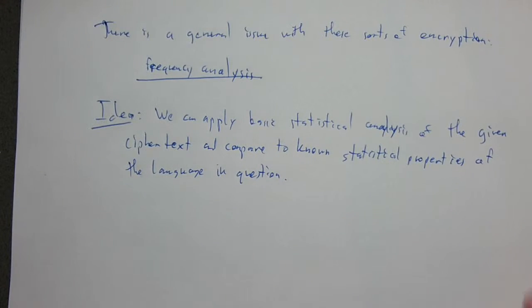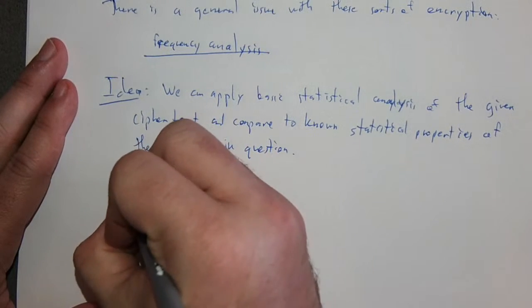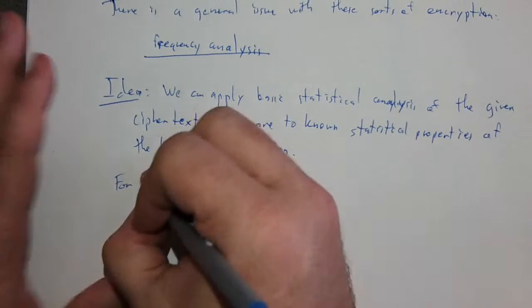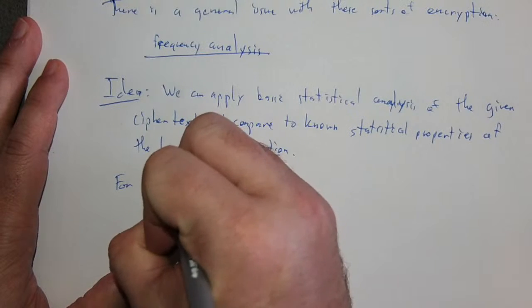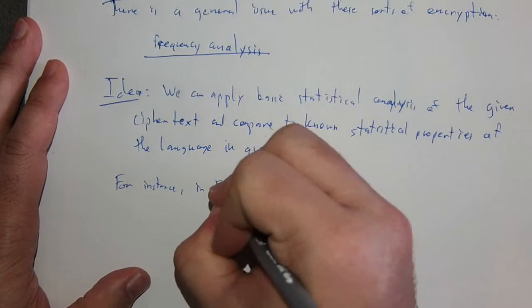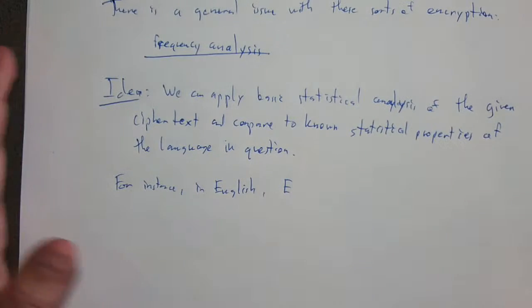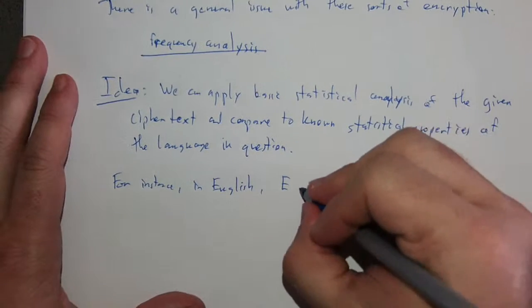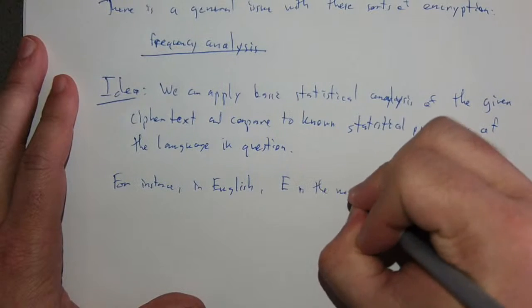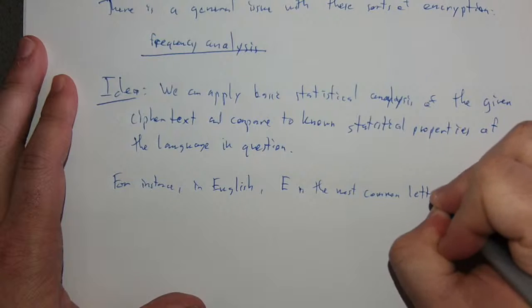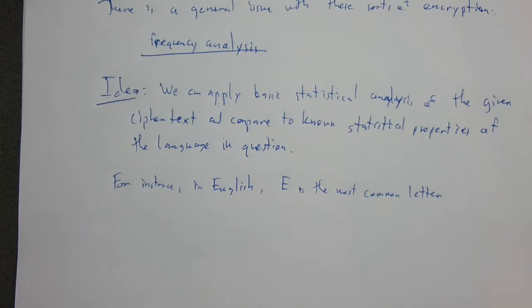This same idea will work in any language, but for instance, in English, E is the most common letter. Of course, naturally, we are making probabilistic or statistical arguments here.